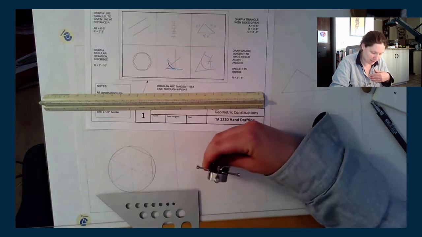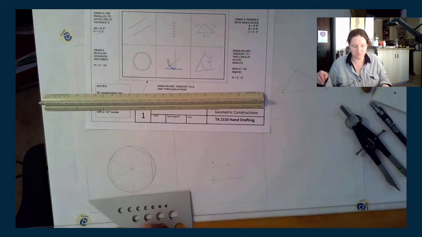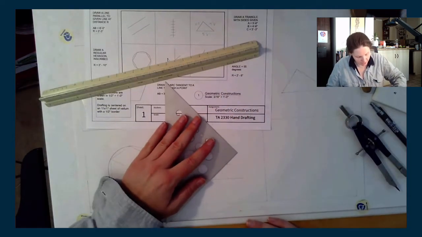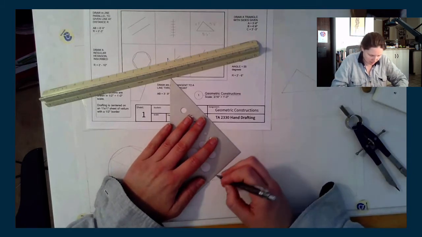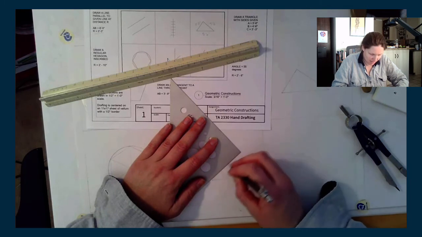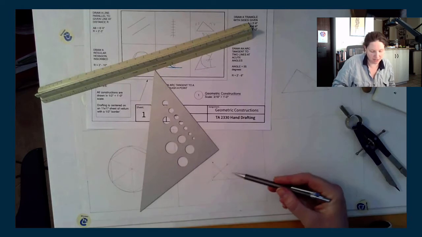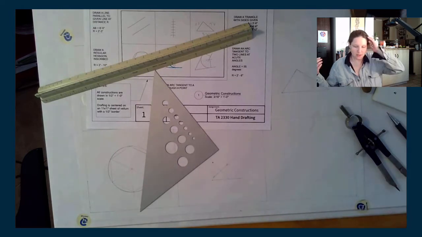And what that will give me is 2 spots that intersect with this line, okay? And I can connect those 2 points, and I'm going to just draw that line that goes between them. And I made it nice and long because eventually this line is how we're going to get to the arc point, okay?